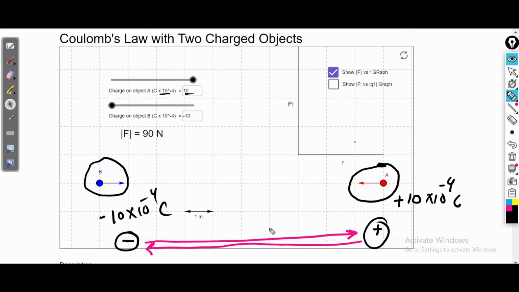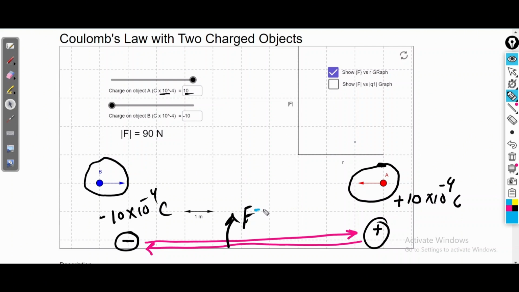In this case, there is a force of attraction between these two objects, which is labeled as F. This F depends on the distance between these two objects, that is, how far apart they are. If these two objects are near to each other, the force will be more.